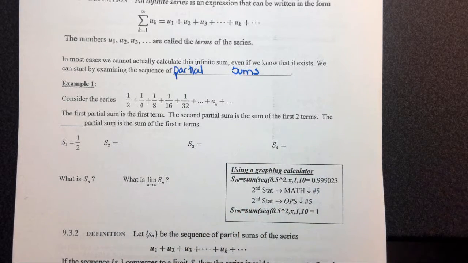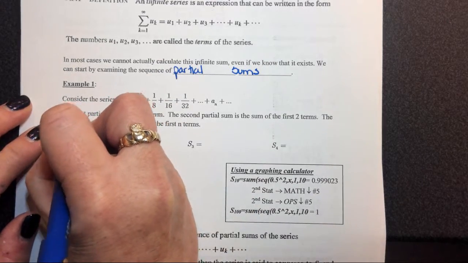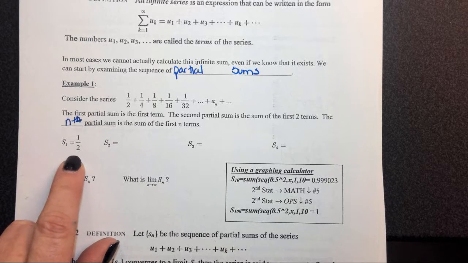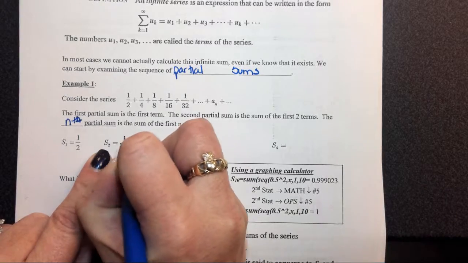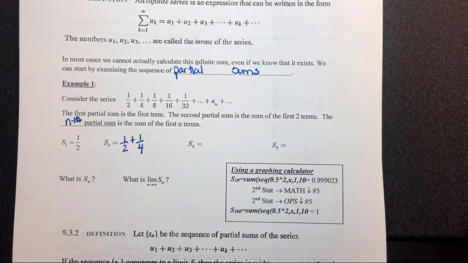When you have an infinite series, you have what's called a partial sum. The nth partial sum is just the sum of the first n terms. So if you're asked to find the first partial sum, you just write down the first term. The second partial sum would be taking the first two terms and adding them together. So 1/2 plus 1/4 is what we call the second partial sum.